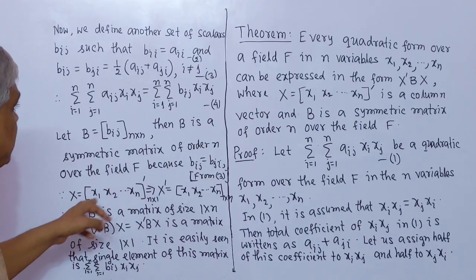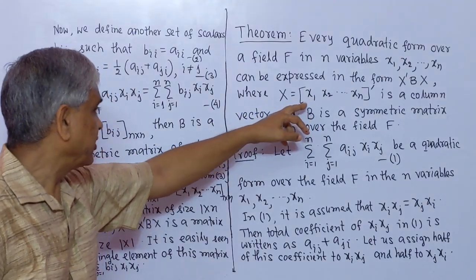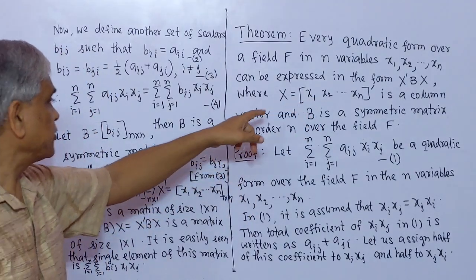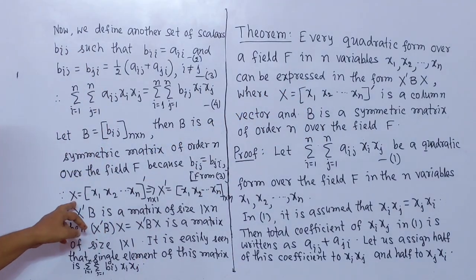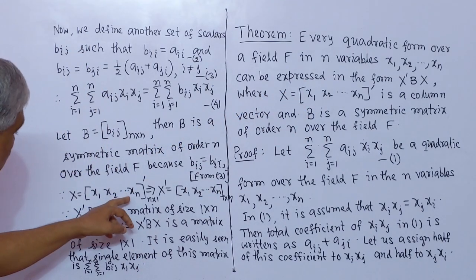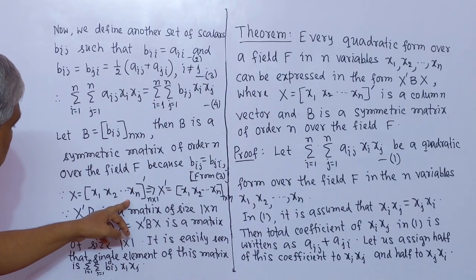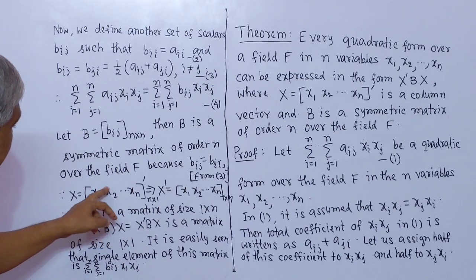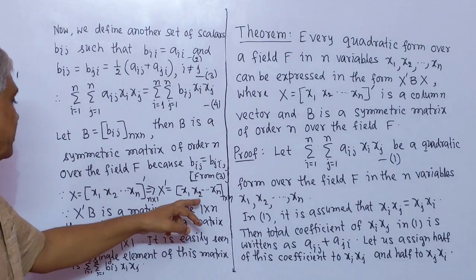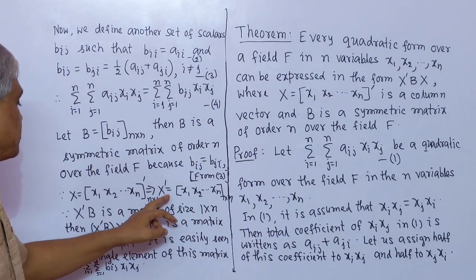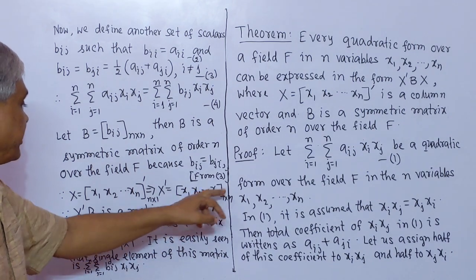Since x is a column matrix, if we take transpose of this it will be a row matrix. Since x is a column matrix, here we have n rows and 1 column, and x transpose is a row matrix.